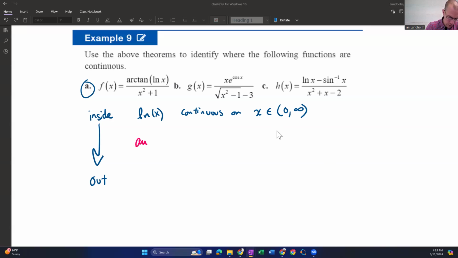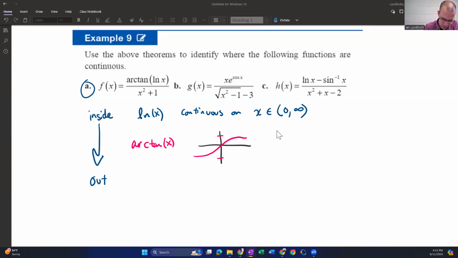Arctan, there. That one's continuous everywhere. The arctan function normally looks like this.